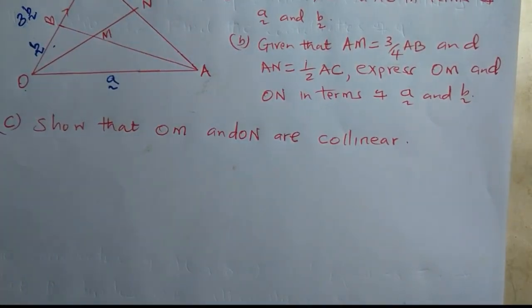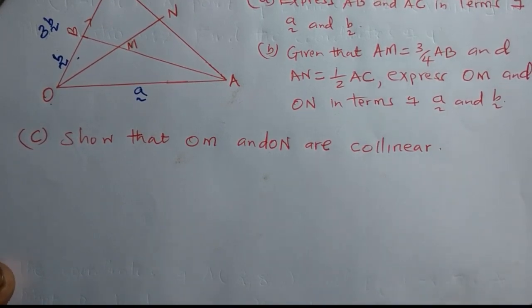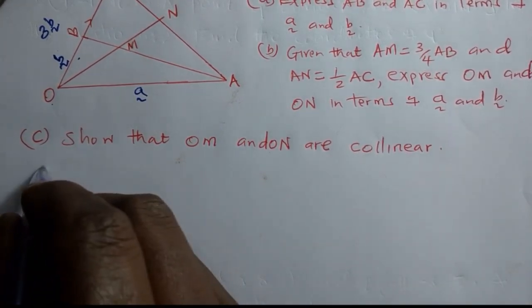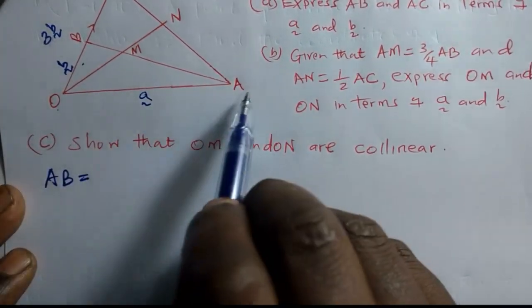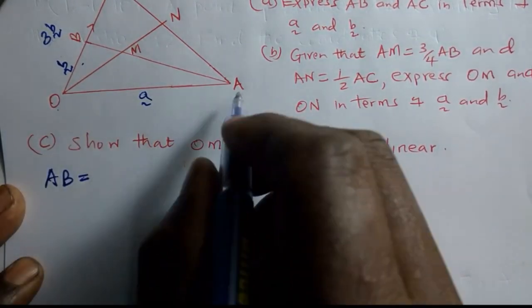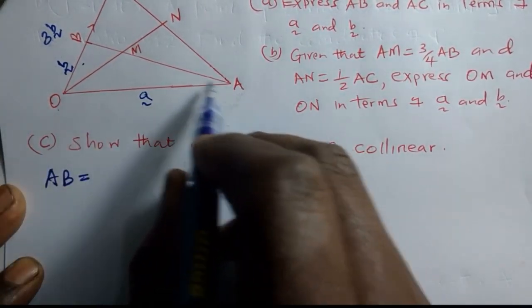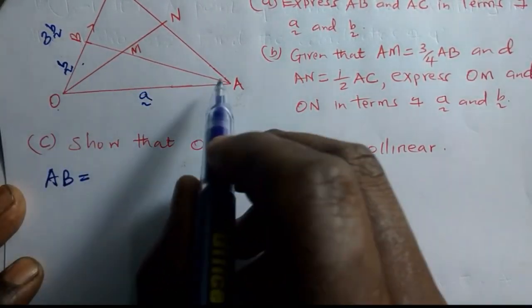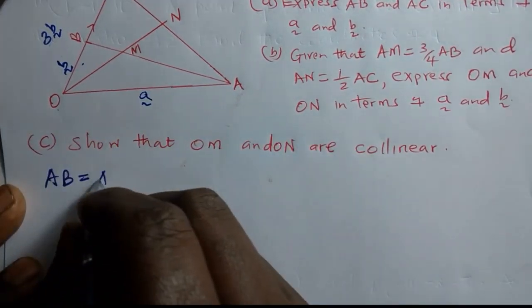So let's start by expressing AB and AC in terms of A and B. So AB is equal to AO plus OB.